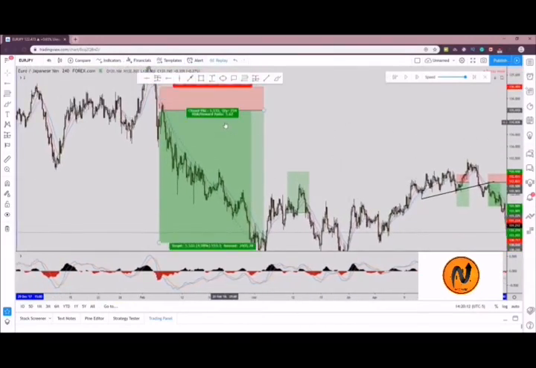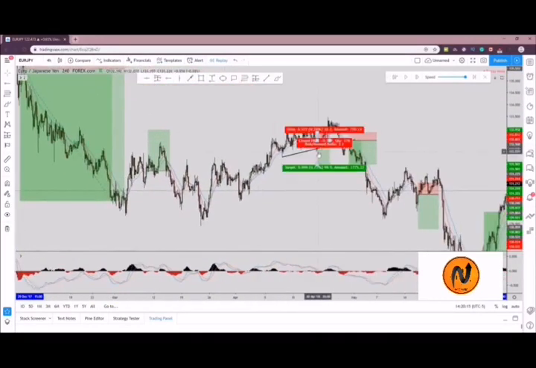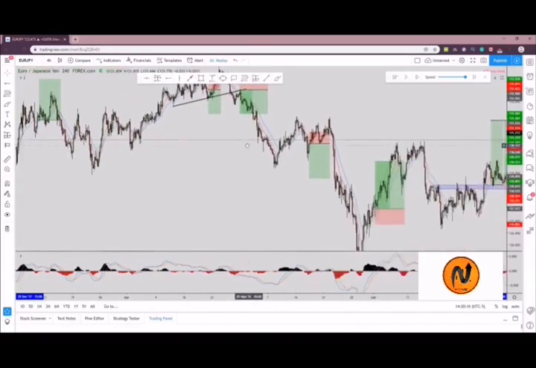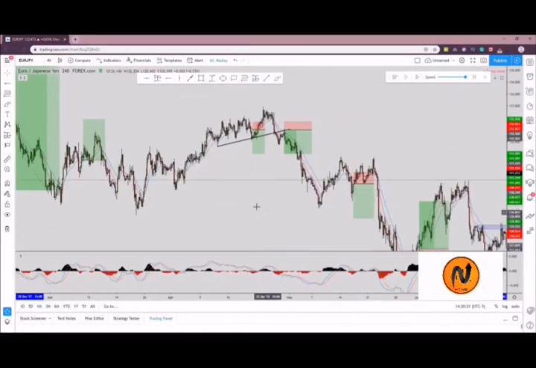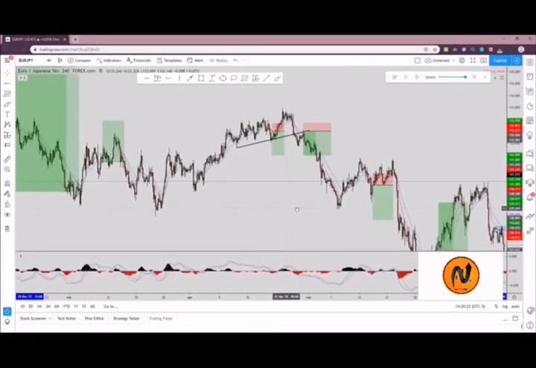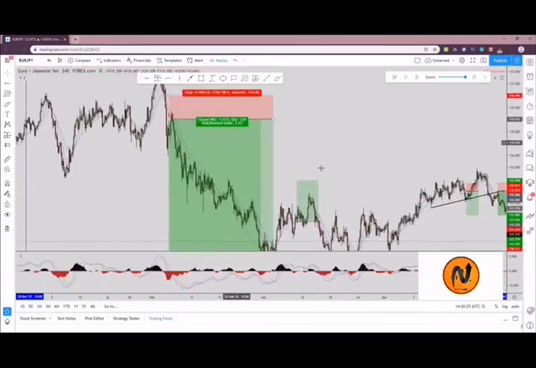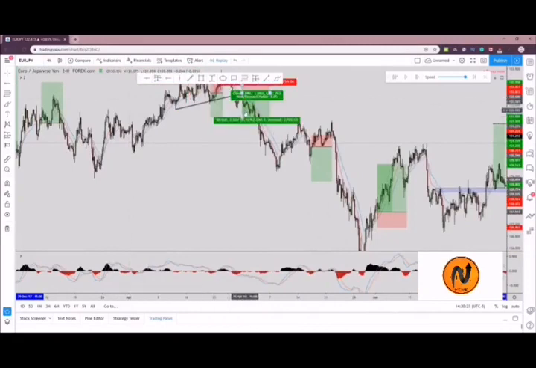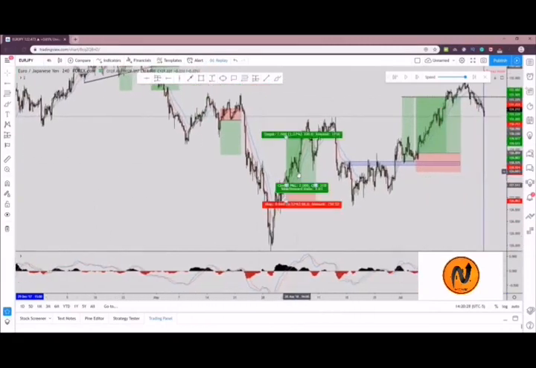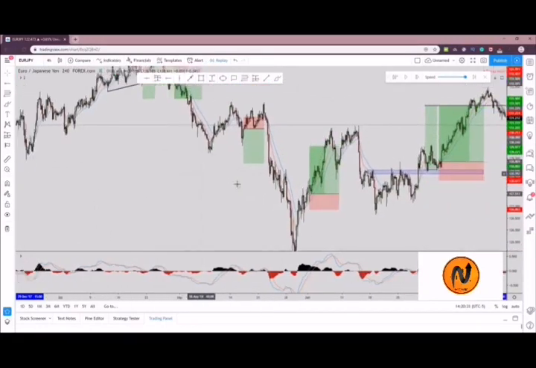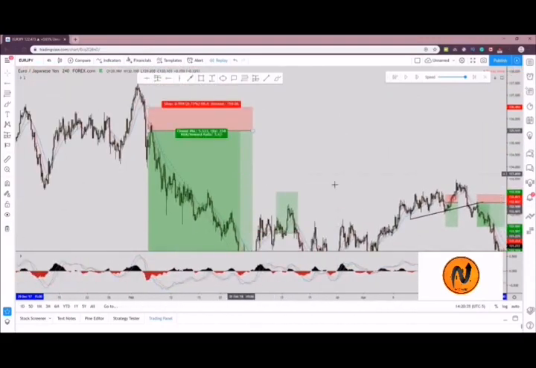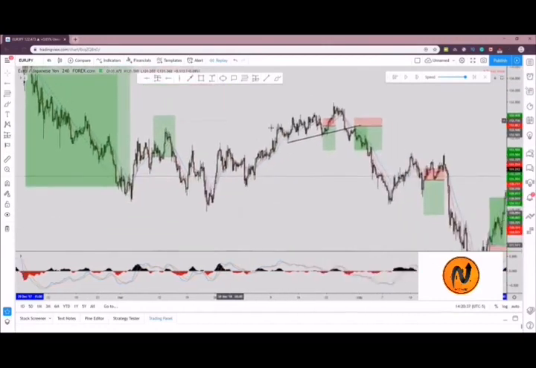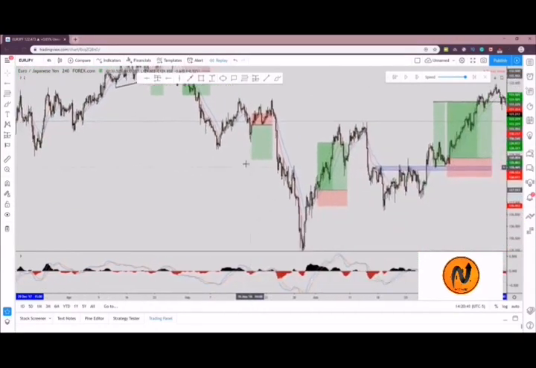Then let's see how many losses. So two break-evens and two losses, and 1, 2, 3 and 4 wins. So quite a strong first half of the year. We have more than 5R here, 3R, 3R, so 6.